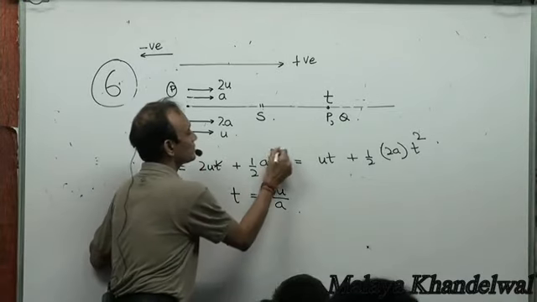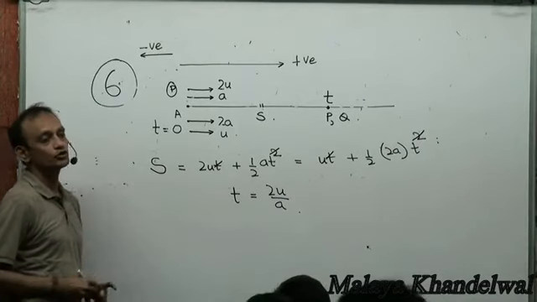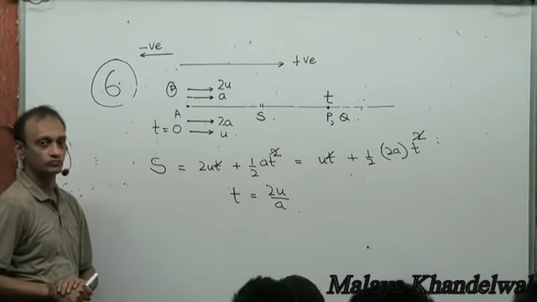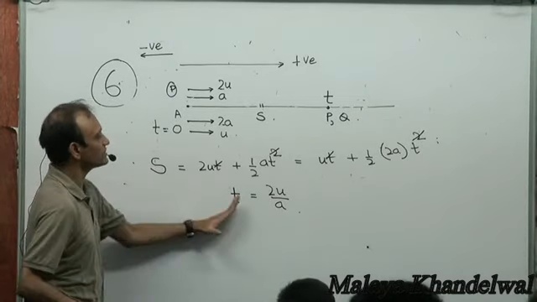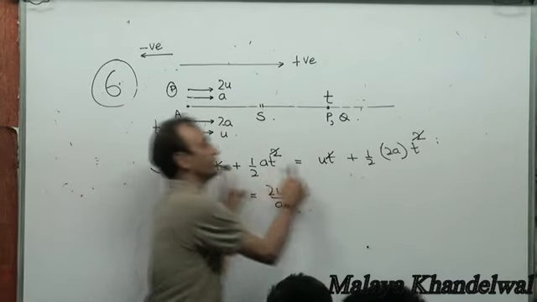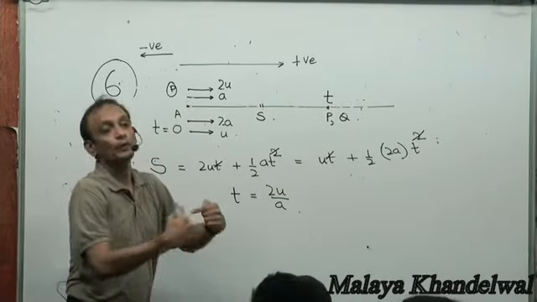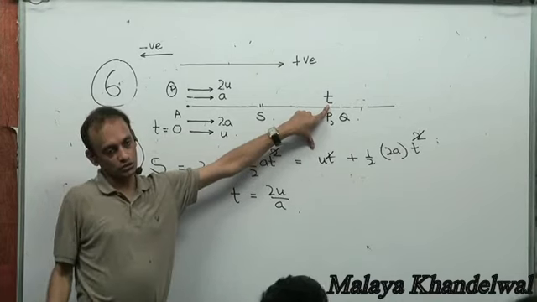Cancel one t. 2u by A is what you get. Yes or no? And then once you have t equal to 2u by A, you can plug it in here, or you can plug it in here, to obtain the point where they once again bump into each other.